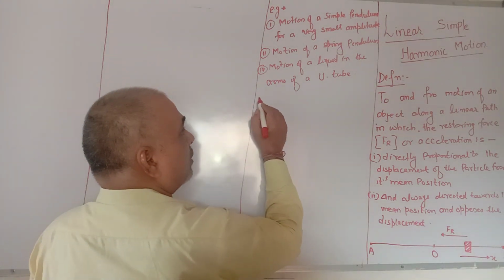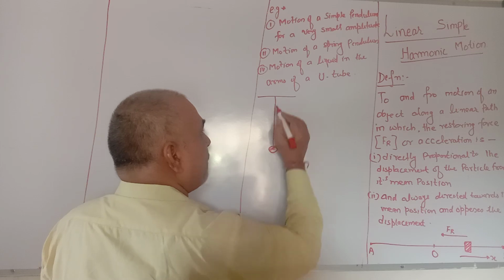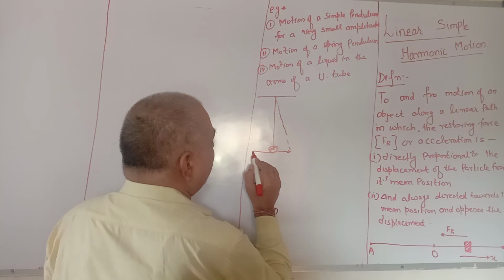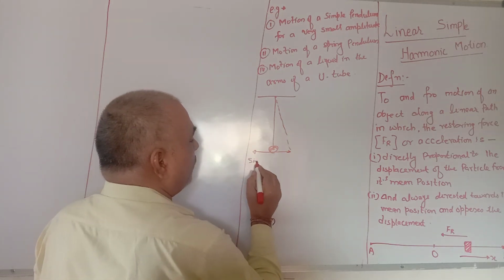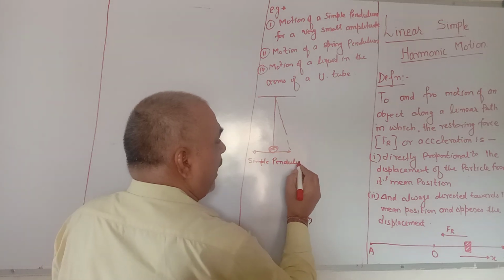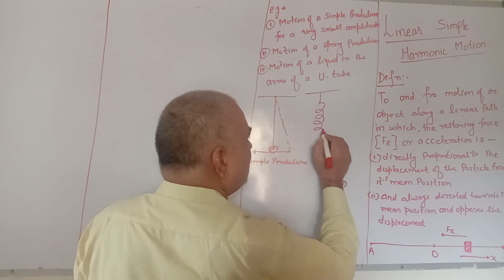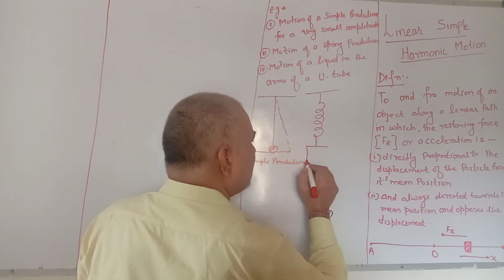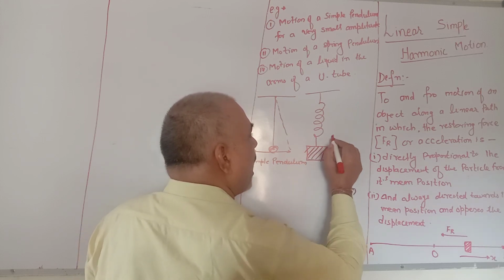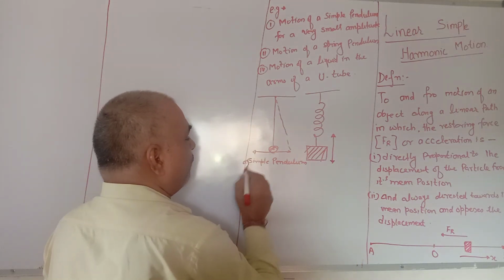For example, this is simple pendulum. If the amplitude is small, then it is simple harmonic motion. Spring pendulum is like this. Suppose it is a spring, and with the spring a certain mass is attached. This mass is moving up and down. This is a spring pendulum.